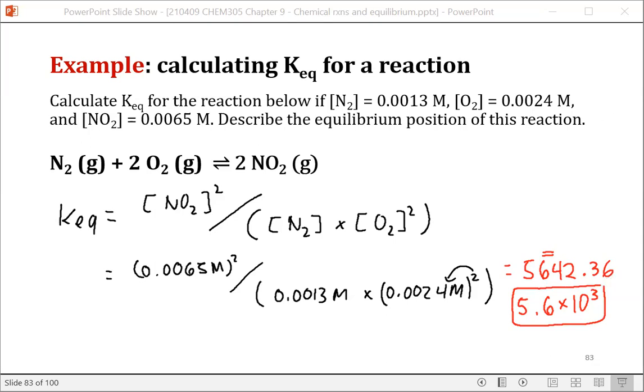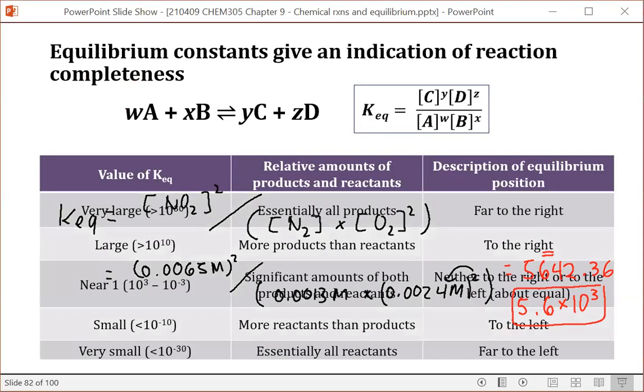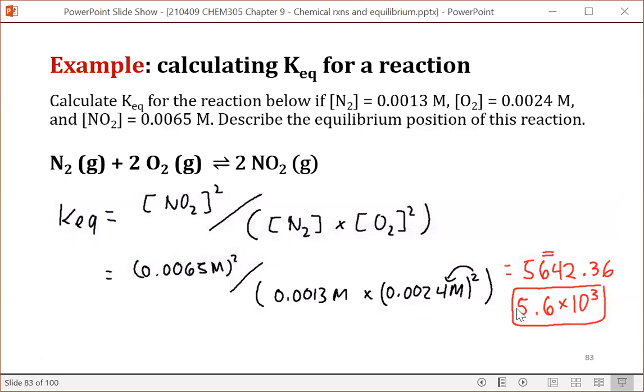So if we go back a slide, we check that this is considered a large KEQ, between a near 1 and a large KEQ. So our equilibrium is shifted to the right. KEQ is greater than 1. It's about 5,600. So we'd say that the equilibrium position is shifted to the right to favor making products.